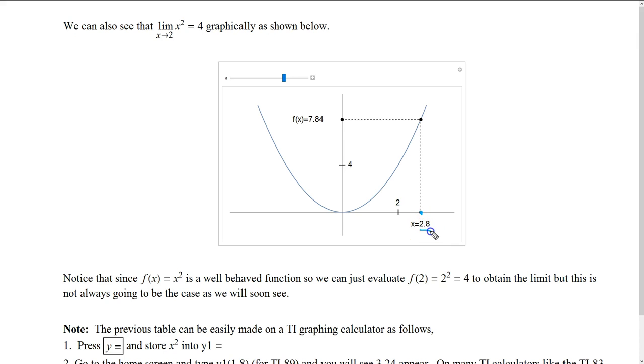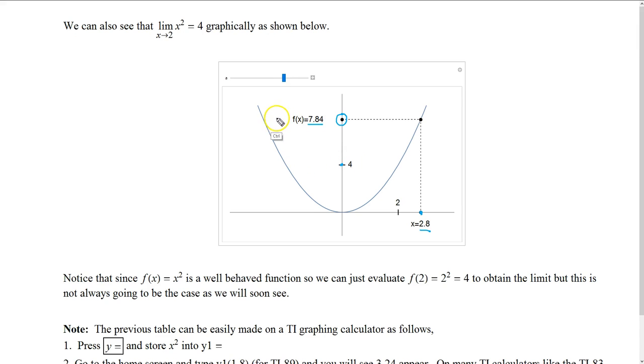Currently our x value is 2.8, and the corresponding function value is 7.84. Now notice what happens to the function values here on the y-axis as the x values are taken closer and closer to 2 from either side. You'll see that these values will be approaching the limiting value of 4.